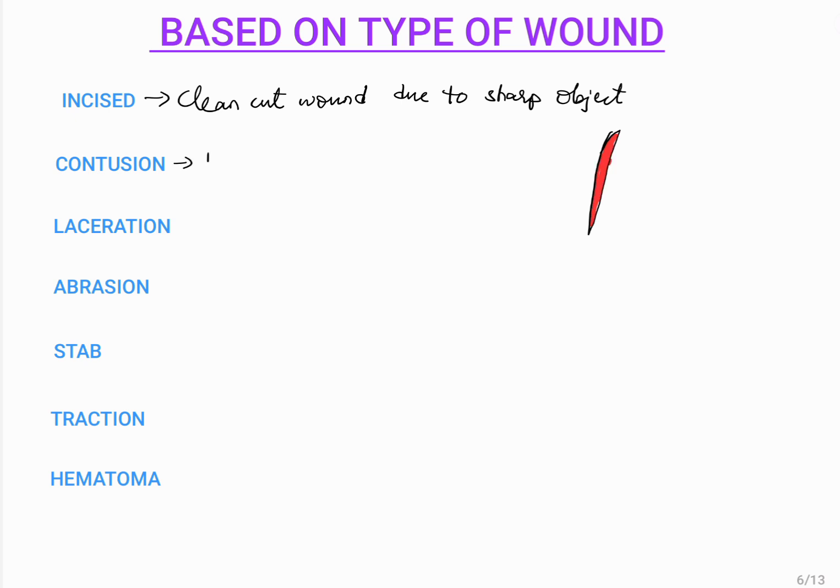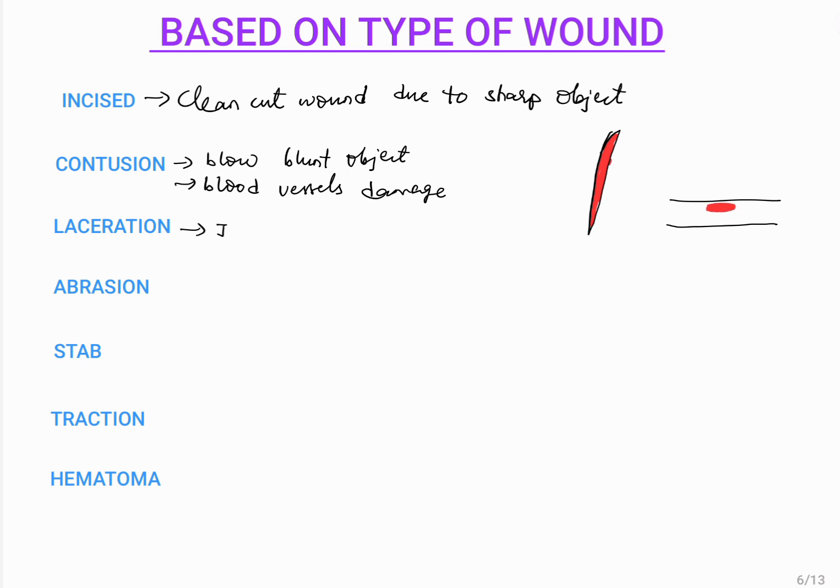Contusion is caused due to blow by a blunt object and damage to the blood vessels which are present underneath the skin. For example, if we take this as a part of our body, damage to any blood vessel underneath the skin leads to formation of hemorrhage underneath the skin.